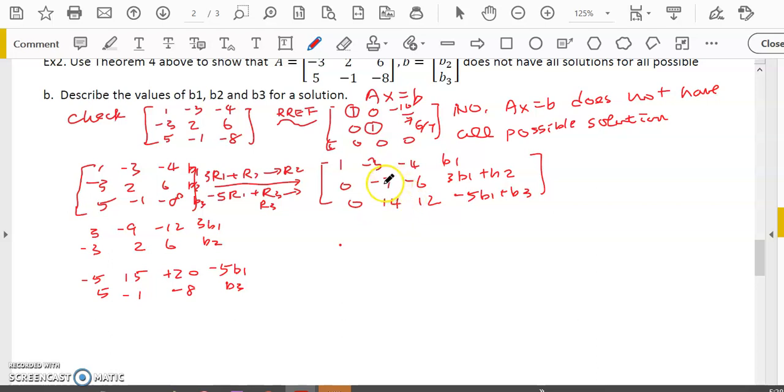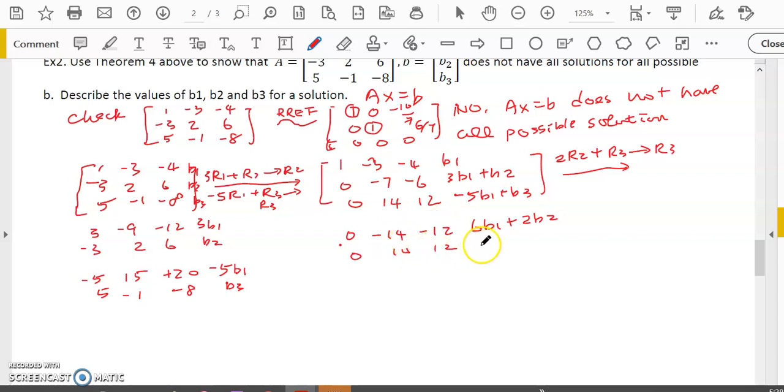We're going to eliminate this to 0. So you can see our row 2, if I multiply by 2, then 2 of row 2 plus row 3 put into row 3 would work, right? So 2 of row 2 would be negative 14, negative 12, 6b1 plus 2b2, and row 3 would be 0, 14, 12, just like we expect.